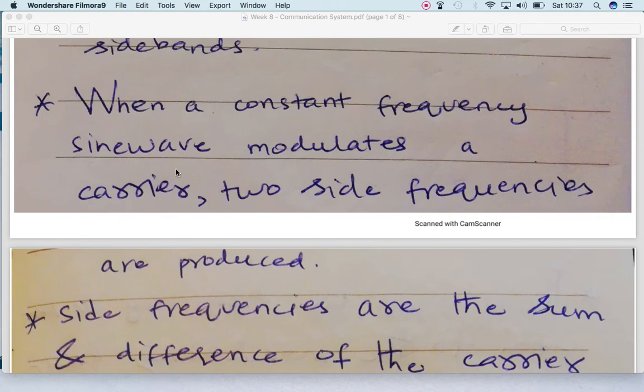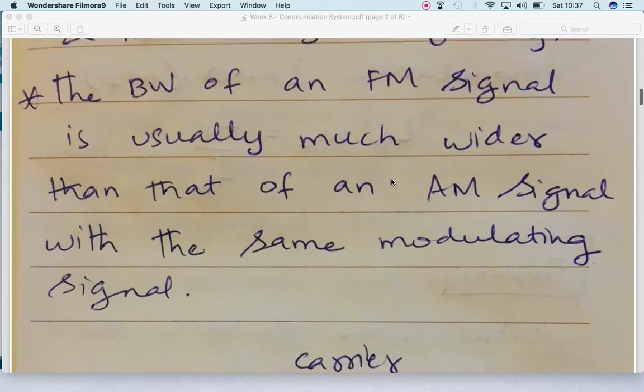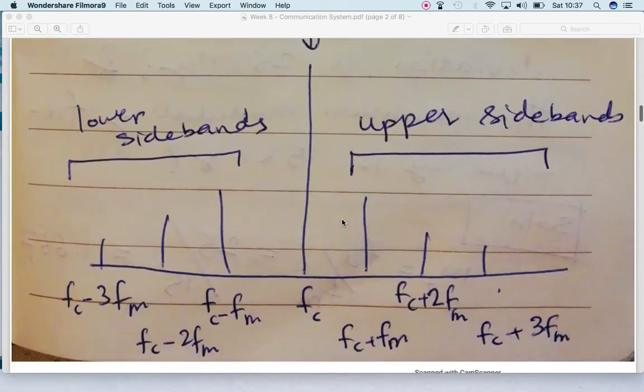Whenever a simple sine wave is given as a modulating signal to the modulator and it is modulated on the carrier, and we see that output modulated signal in a spectrum analyzer, then only two sidebands will occur, one on the right hand side and one on the left hand side, whenever we have a simple sine wave being used as an information signal.